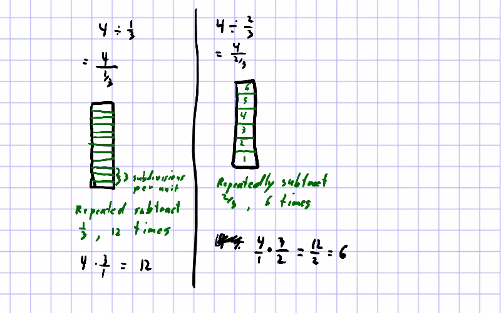Let's finally work with a fraction divided by a fraction. So far, every example has been an integer, specifically the integer 4 divided by a fraction. Let's take 5/2 and divide it by 3/2.